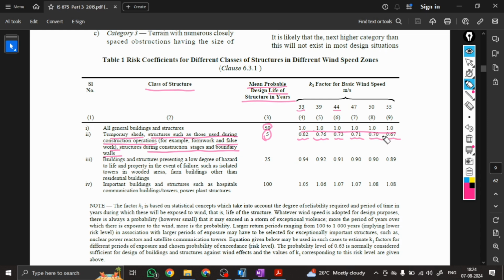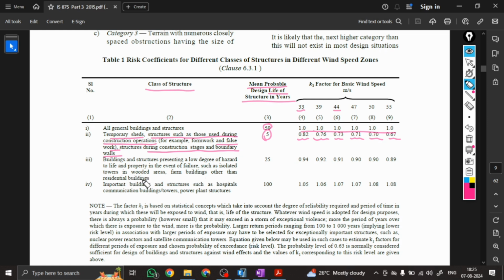Okay, now this is for temporary structures, and this is for general building structures. Now buildings and structures presenting a low degree of hazard to life and property in the event of failure, such as isolated towers in wooded areas, farm buildings other than residential buildings.